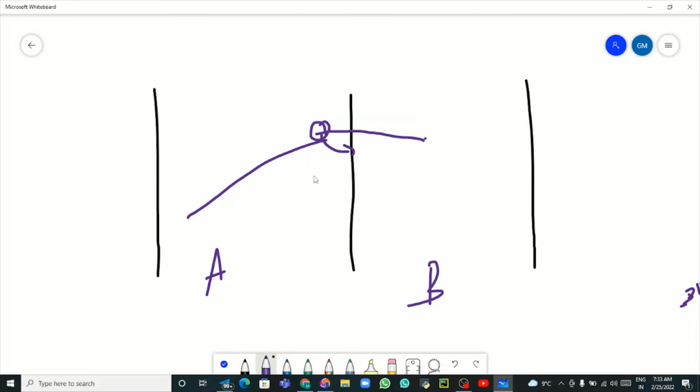Instead of that, if you know the playing techniques, these team A people will allow the team B person to enter deeper and deeper and deeper. So he will come, he will come, he will come here.